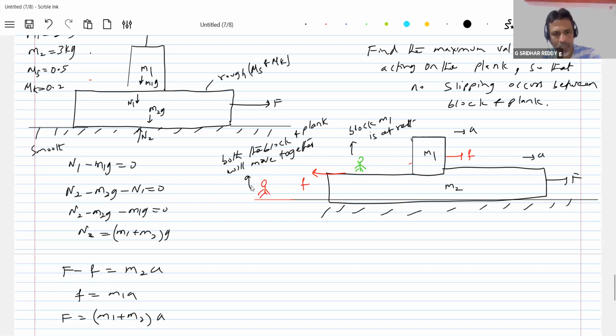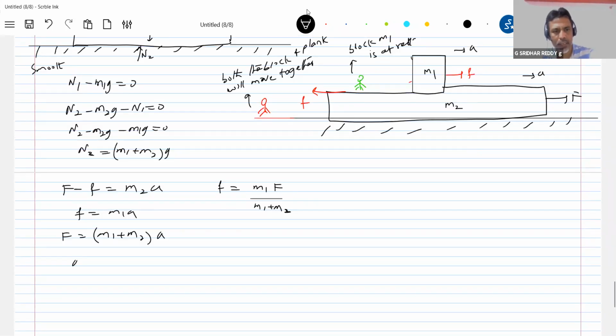So let me substitute this value of a in the second equation. So here it will be f equal to M1 F by M1 plus M2. I just substituted the value of a in this equation here.